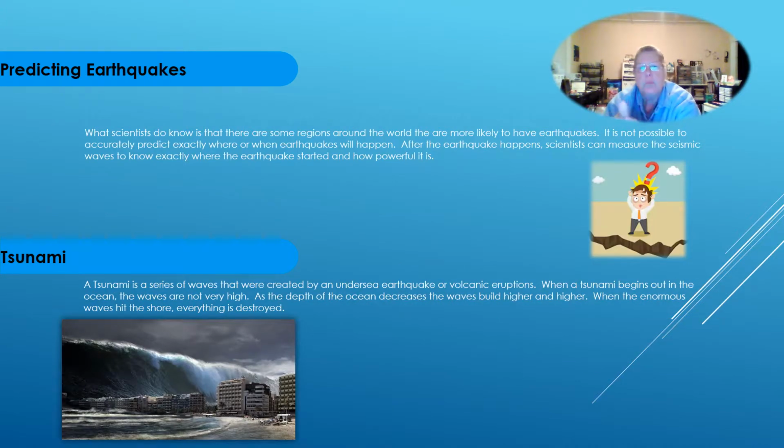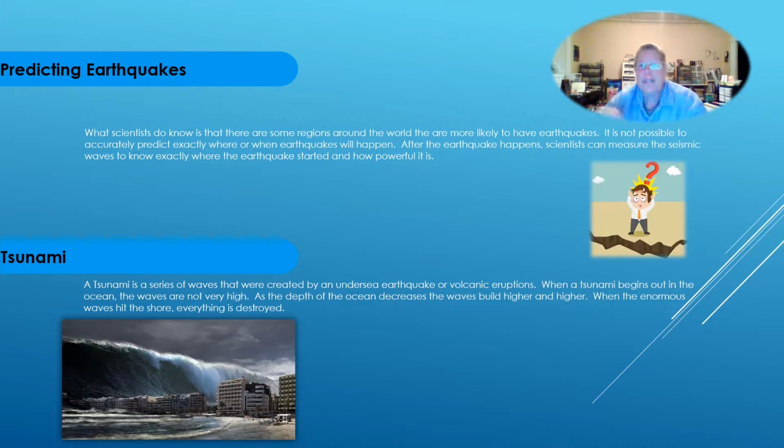Okay, predicting earthquakes. Not really possible. What scientists do know is that there are some regions around the world that are more likely to have earthquakes. It is not possible to accurately predict exactly where or when earthquakes will happen.